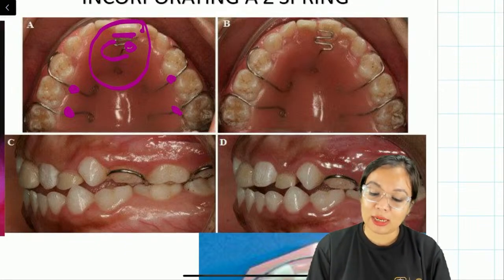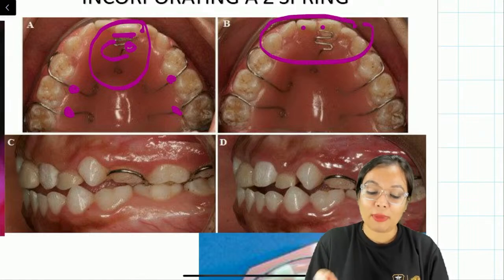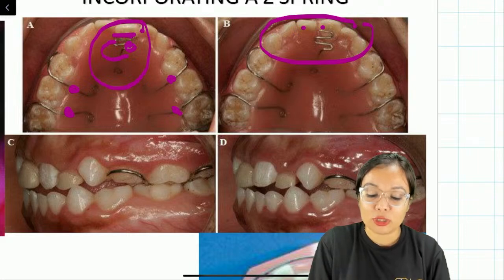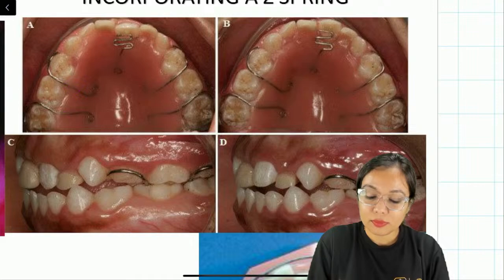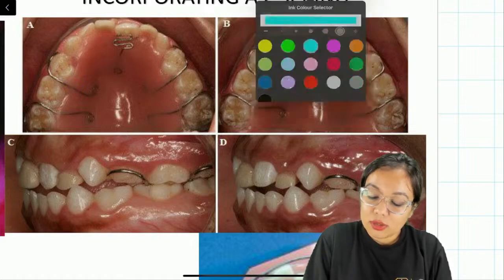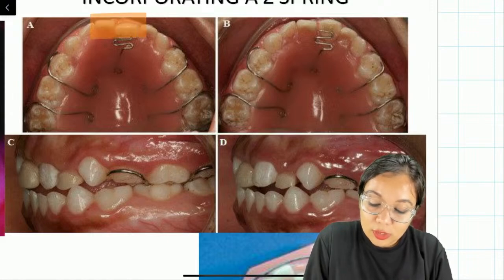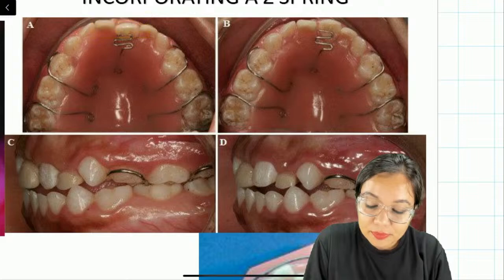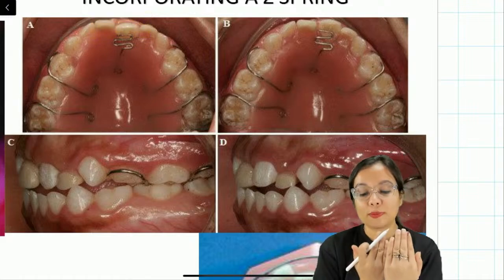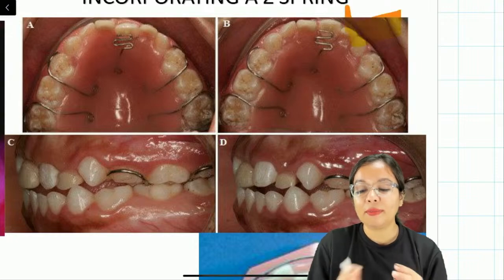Can you all see? This is the appliance that is given, and here both the teeth have come to the same level. Here it was in a crossbite. So just compare both these cases. Here the tooth was in a crossbite, and eventually in this picture it has come to the same level.